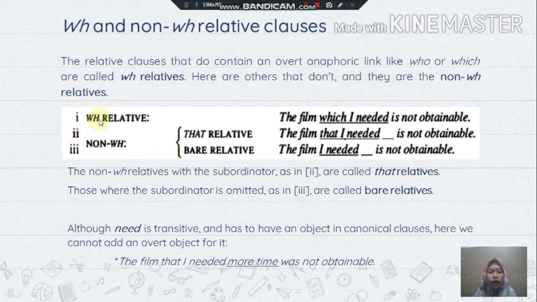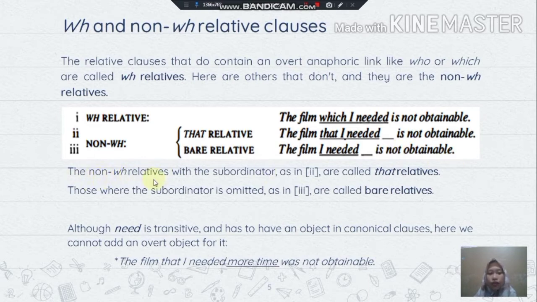Look at the examples here. An example of a WH relative is: the film which I needed is not obtainable. And for the non-WH, there are two kinds, that relative and bare relative. The examples are: the film that I needed is not obtainable, and the film I needed is not obtainable.